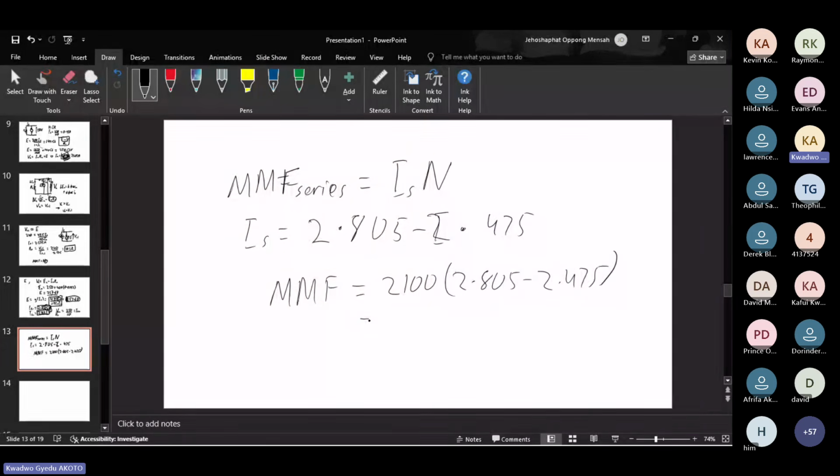And we are going to get here MMF equal to 693 ampere turns per pole. Okay, so that's the MMF being produced by our series field. Please, I'm going to end it here for today.